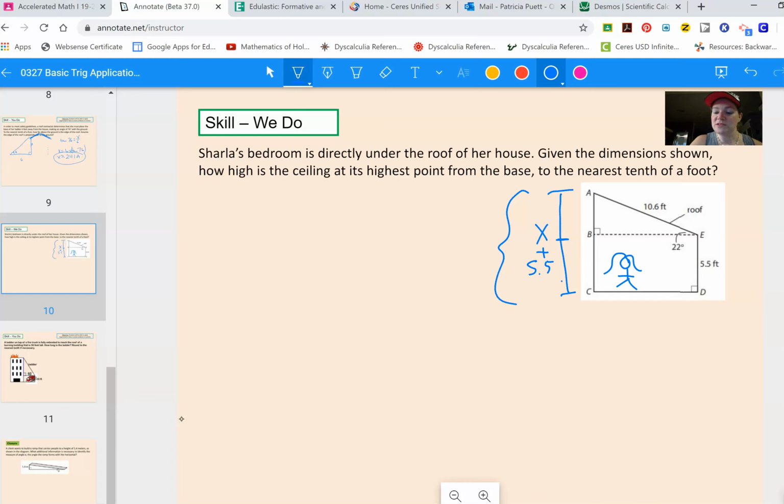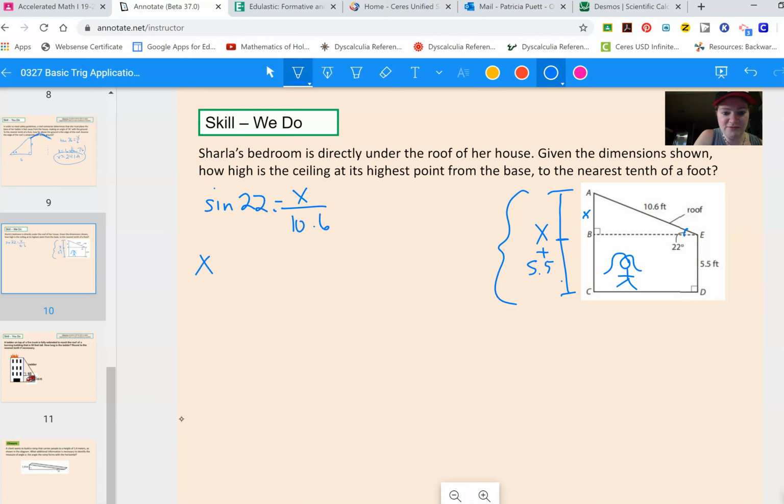Okay? So first off, put a little X right here just so it's closer to the picture. You have 10.6, you have 22 degrees. So it looks like we're going to be using sine. So you can do the sine of angle 22 is equal to X over 10.6.